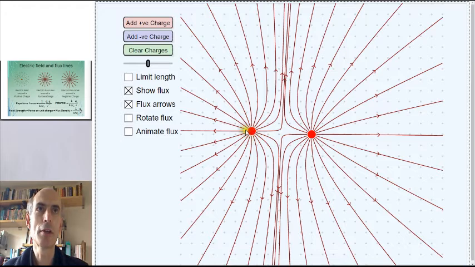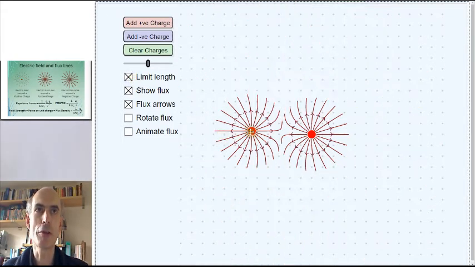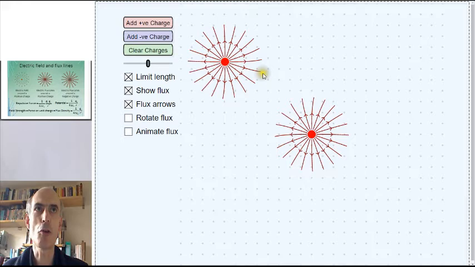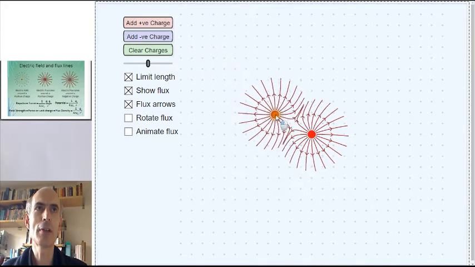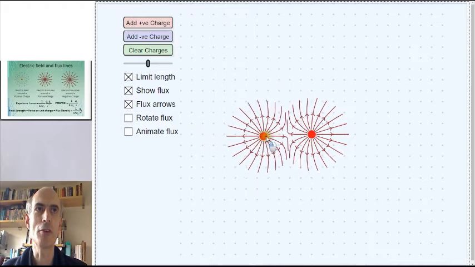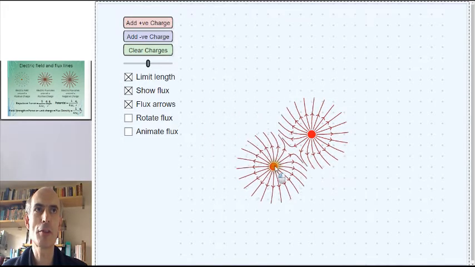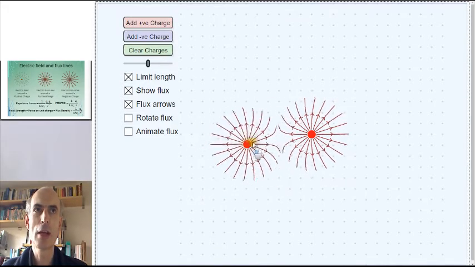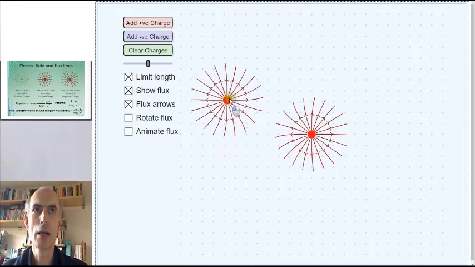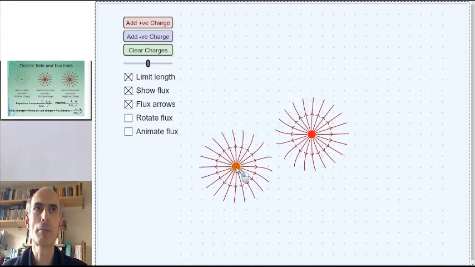Real flux lines travel from positive charges and they end up on negative charges, or they go off to infinity. But if you just draw the flux lines so that they stop some distance away from the charges like this, you can sort of get a visual appreciation of the fact that these two positive charges just don't like each other and try to push each other away.